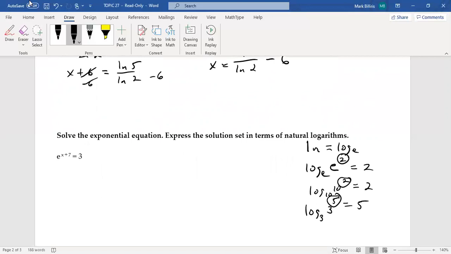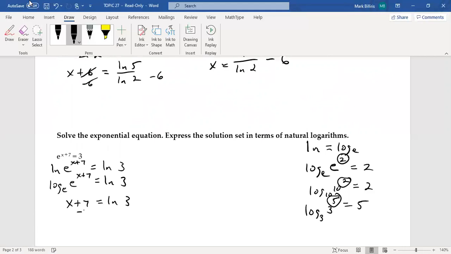So in this case, when we take the natural log of both sides, keep in mind, you don't have to do this, but I'm going to do it for explanation purposes, that the base of the logarithm is the same as the base of the argument. Therefore, my answer to the left-hand side is simply the exponent, x plus 7, and that would equal the natural log of 3.